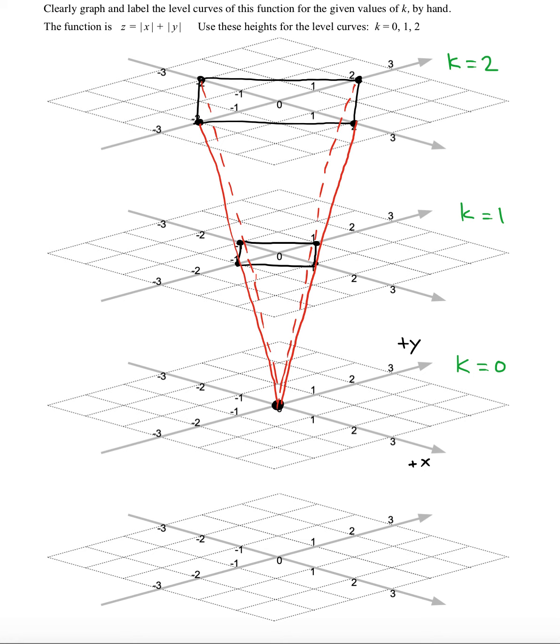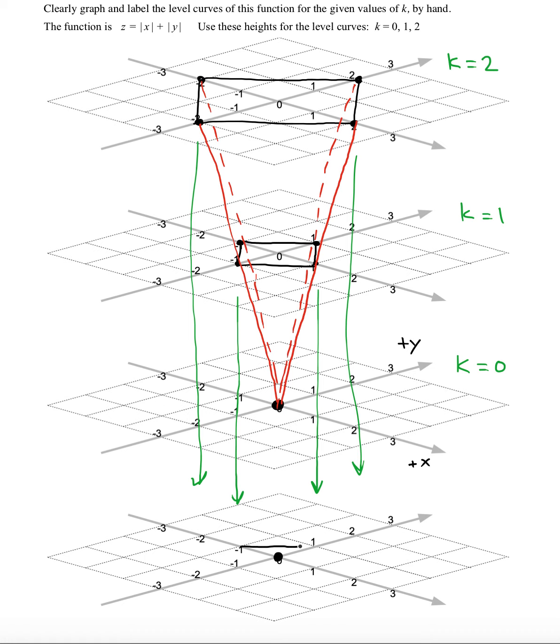Now the final step of drawing a contour plot is to take your k equals 0, k equals 1, k equals 2 and project them. By projecting them, I mean we're going to move them down to the bottom plane. We want to bring our k equals 0 down.